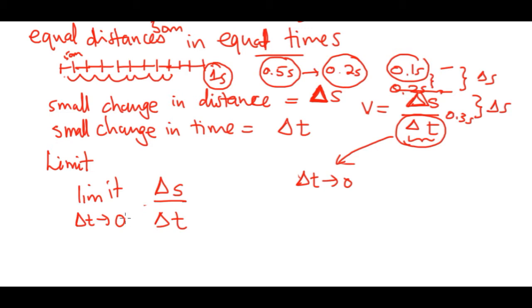If you're doing a calculus course in university, you'll understand this better, but this is just to show you where this is coming from. So when you push this bottom part towards 0, this whole thing changes to something called ds over dt. And this becomes a differential.